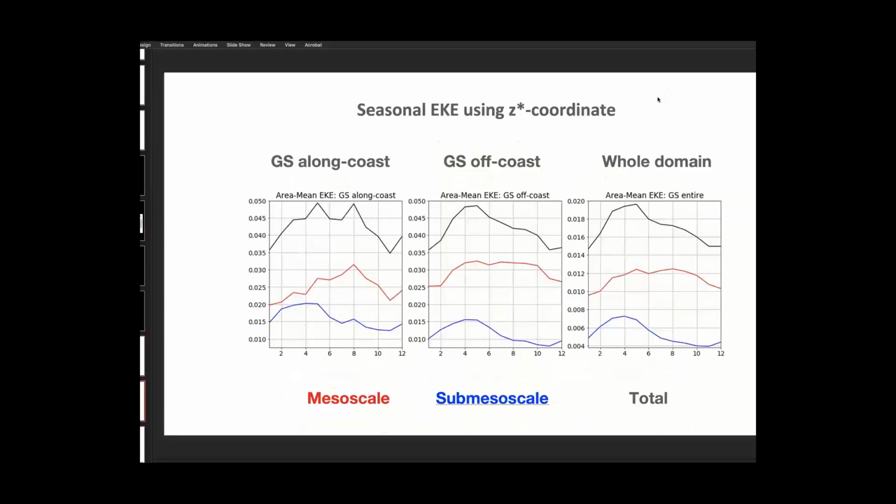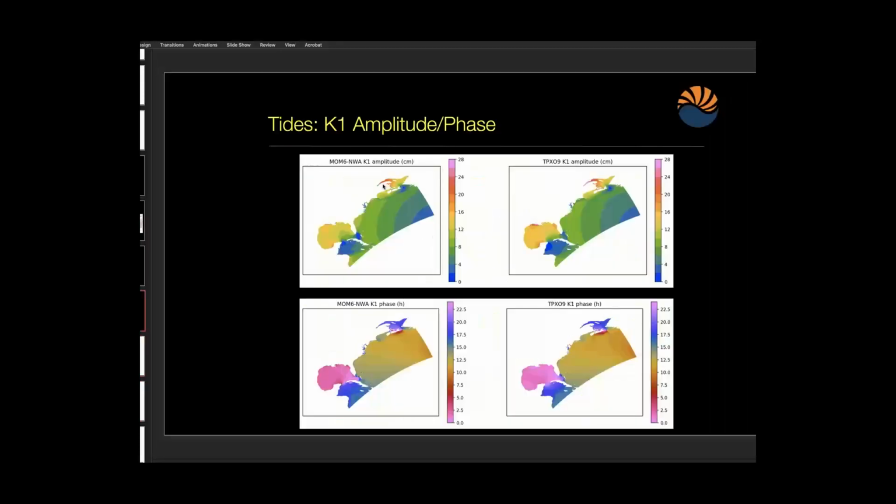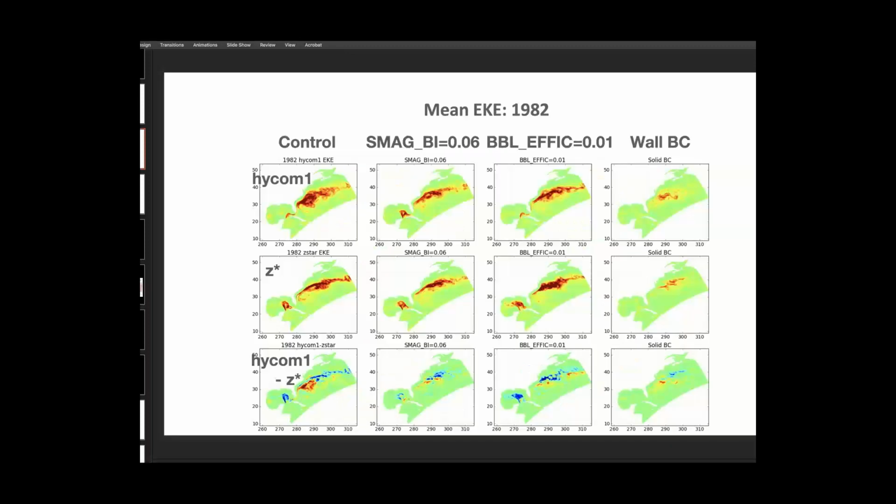Some of it has to do with our experience in trying to understand what is the right range of parameters from the existing parameterizations that we need to be employing when we're running at these resolutions.